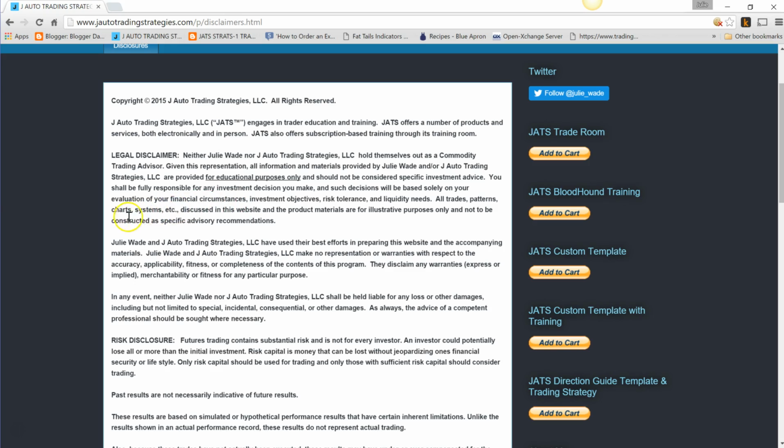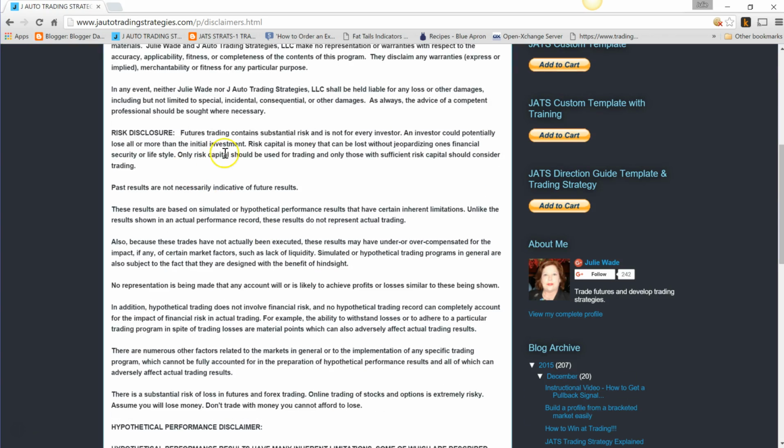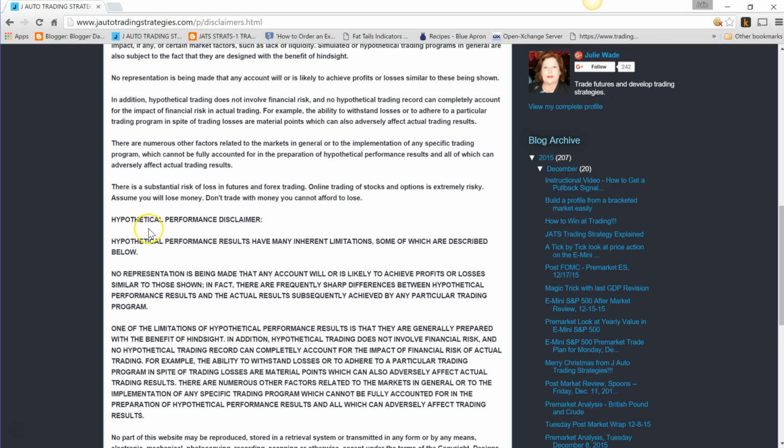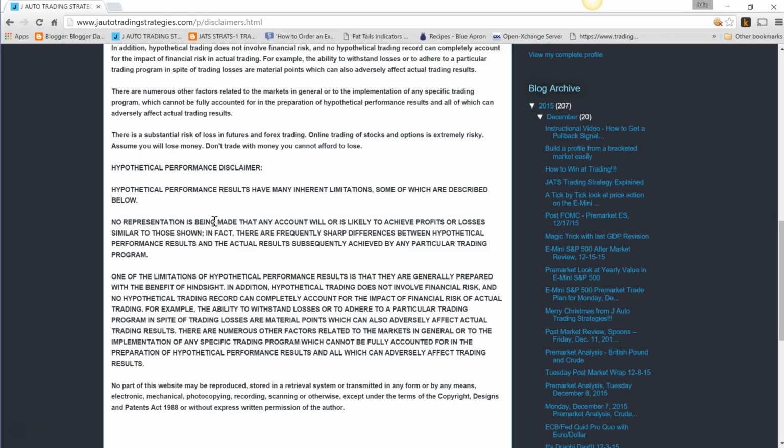All trades, patterns, charts, systems, etc. discussed, and these product materials are for illustrative purposes only and are not to be construed as specific advisory recommendations. Also, there's a risk disclosure that trading contains substantial risk and is not for every investor. Past results are not necessarily indicative of future results, and there's the hypothetical performance disclaimer.